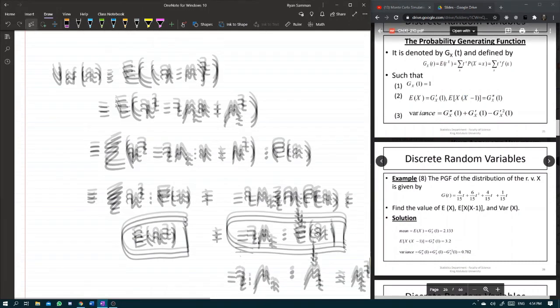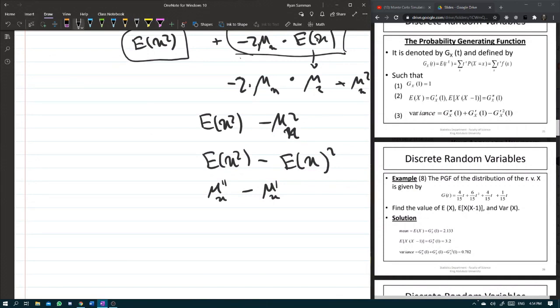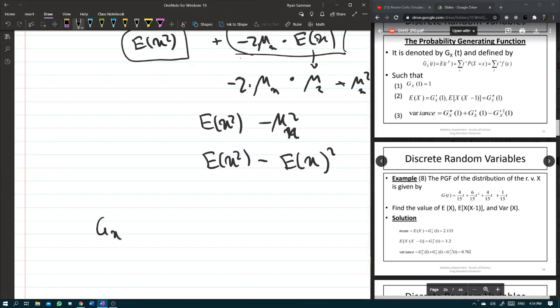Now for the variance, we said that this is the second moment minus the first moment squared, but it's not that relevant here, though in MathCAD it would be. So now we want to turn this formula into this one: g double prime of 1 plus g prime of 1 minus g prime of 1 squared.